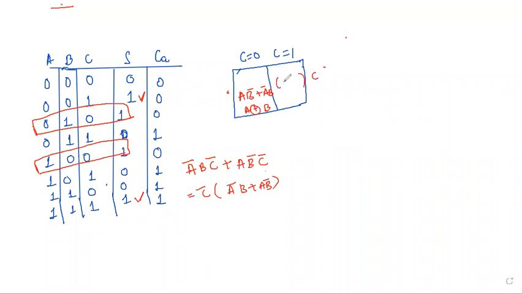The first term is A bar B bar, and the second term corresponds to the last row of this truth table, when A and B are both 1. So this is equivalent to XOR operation.